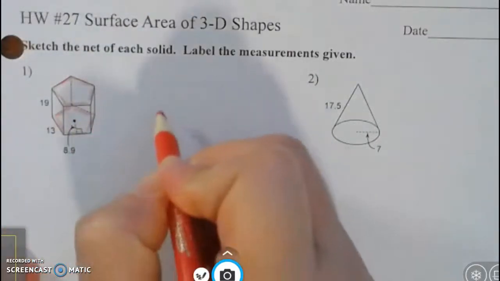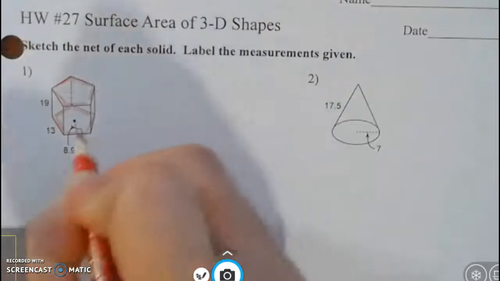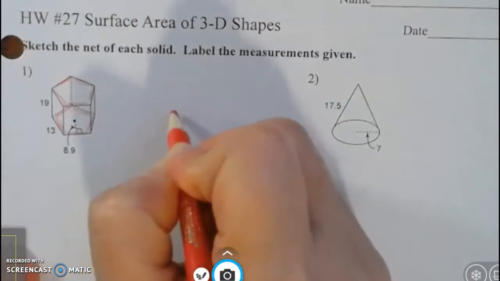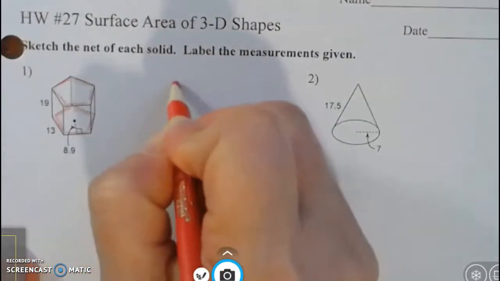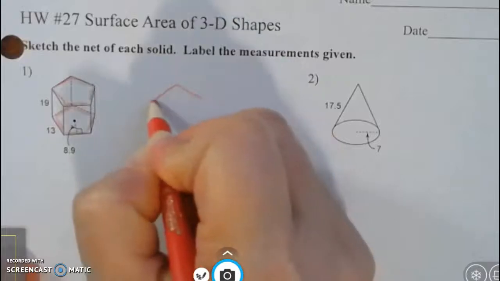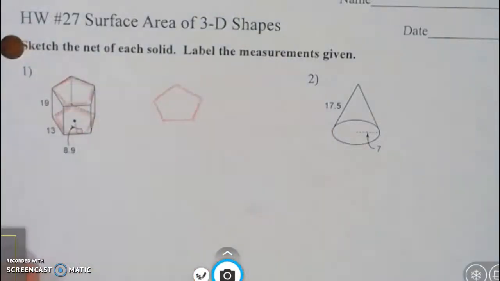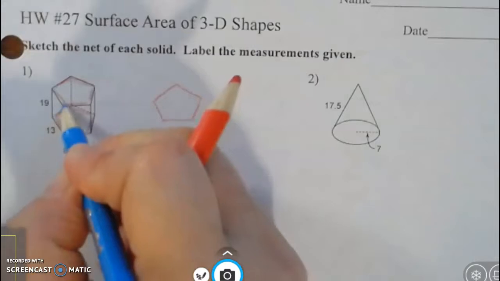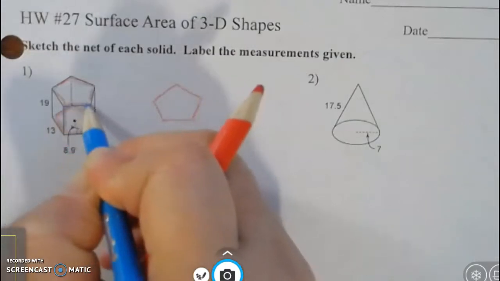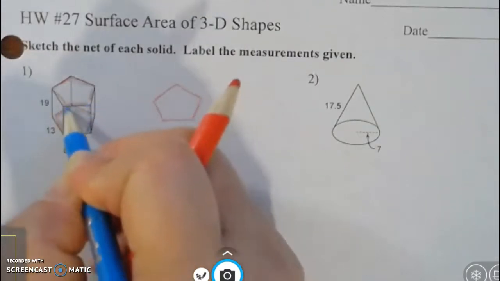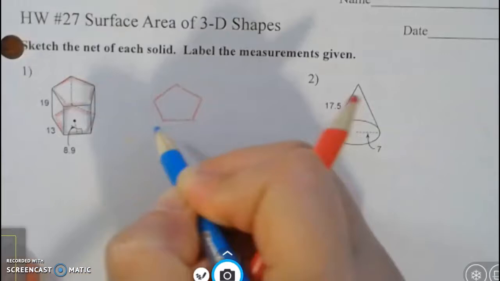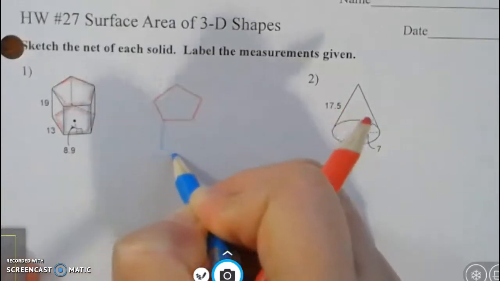So if I was to draw this, I have a pentagon that looks like this, and then I have the sides. If I see this as the joining side, then I have a rectangle that looks like this.